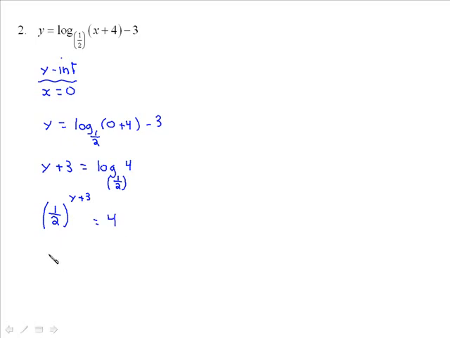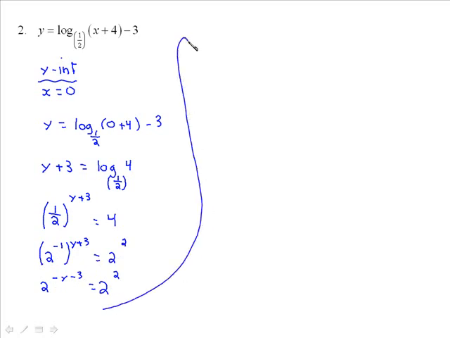And we are here again with a type 2 exponential equation. Get a base of 2. So take this 1/2 and write this as 2 to the negative 1, raised to the y plus 3, is equal to 4 being 2 squared. Therefore, 2 to the negative y minus 3 is equal to 2 to the exponent of 2.